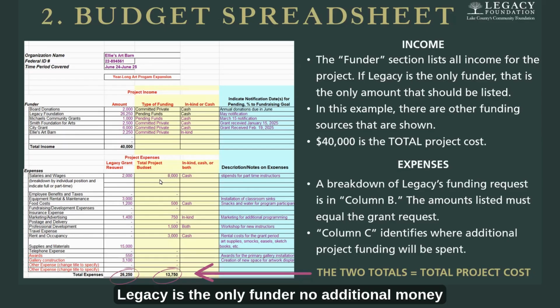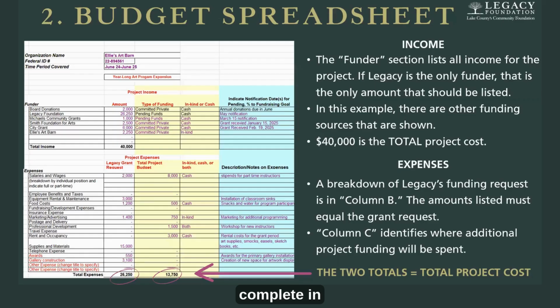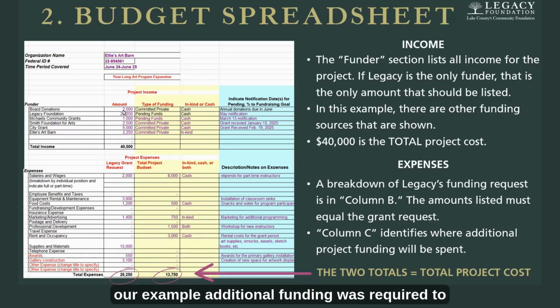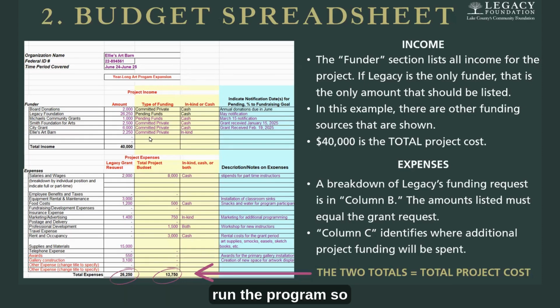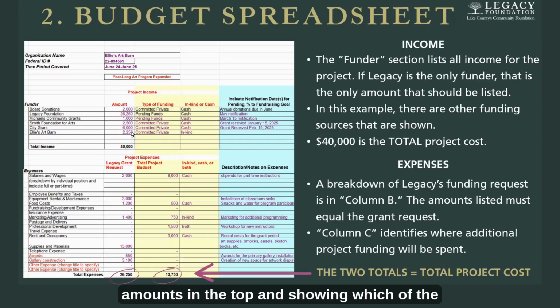If Legacy is the only funder, no additional money is required to run the program, then the chart is complete. In our example, additional funding was required to run the program. So in the third column, Total Project Budget, we're taking the sum of the other amounts in the top and showing which of the larger buckets that funding will go into.